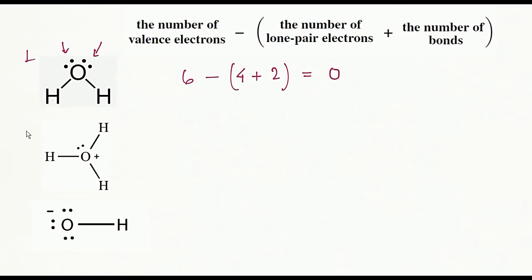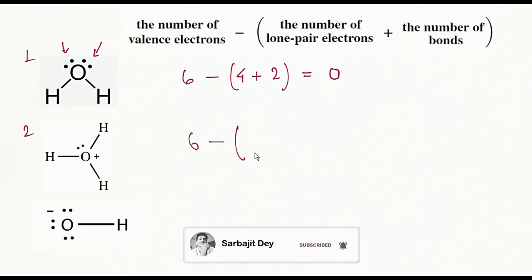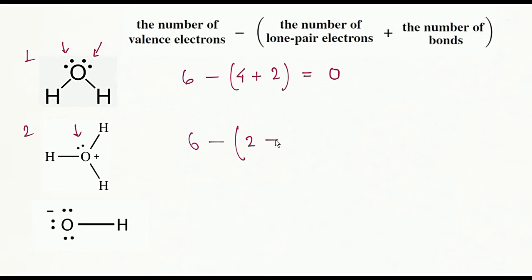The next one is the hydronium ion. Similarly, 6 valence electrons in the neutral free atom minus the number of lone pair electrons. In this case, 2 lone pair electrons plus 3 bonds, 3 covalent bonds. Therefore, the formal charge is plus 1.